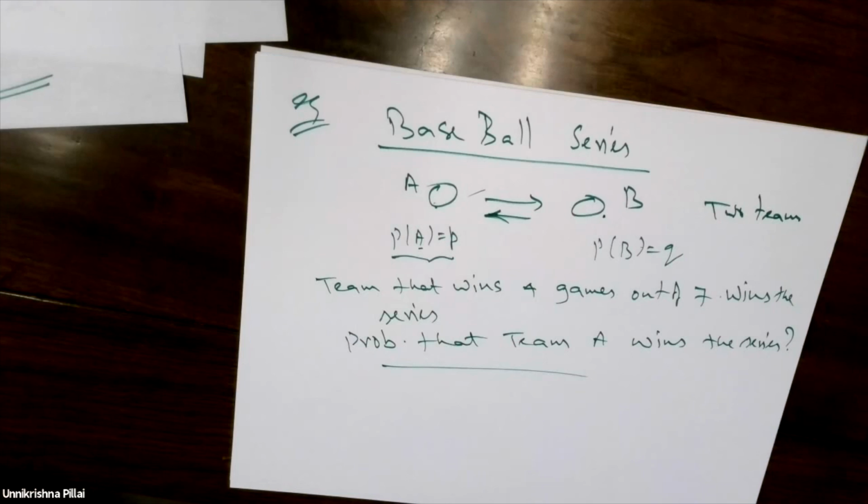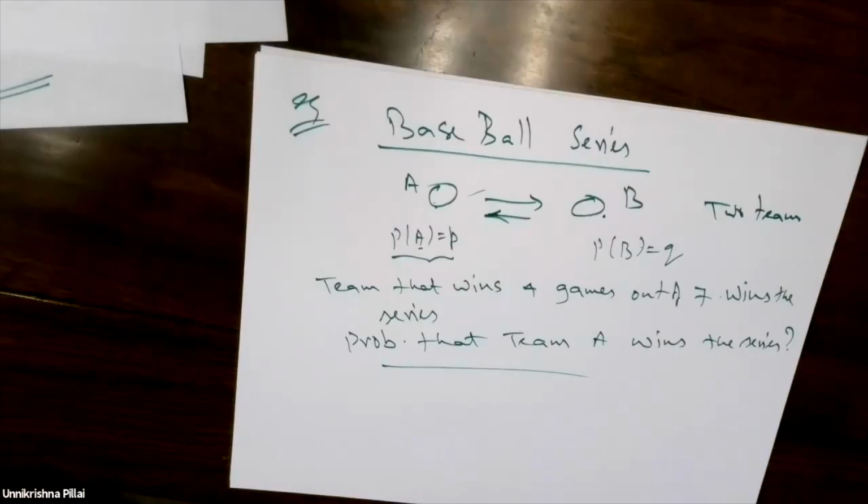So think about it. For any team, A or B, to win the series, you have to win 4 games. So how many games do they have to play? Anybody? To win 4 games, how many games do you have to play? At least 4 games. So at least 4 means what? 4 or 5 or 6 or 7. Right.